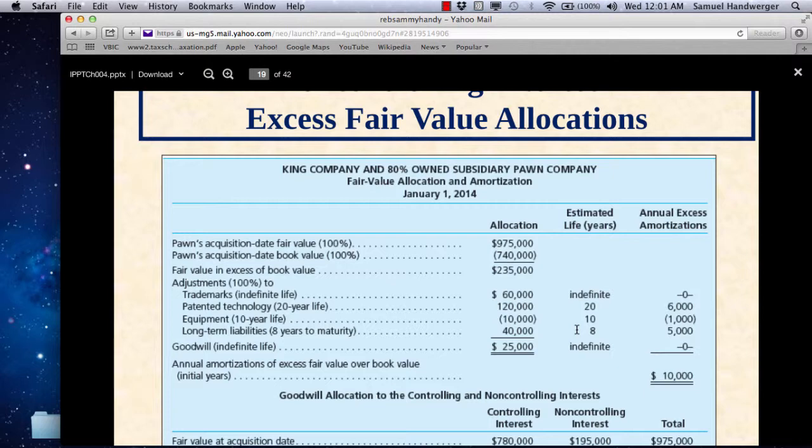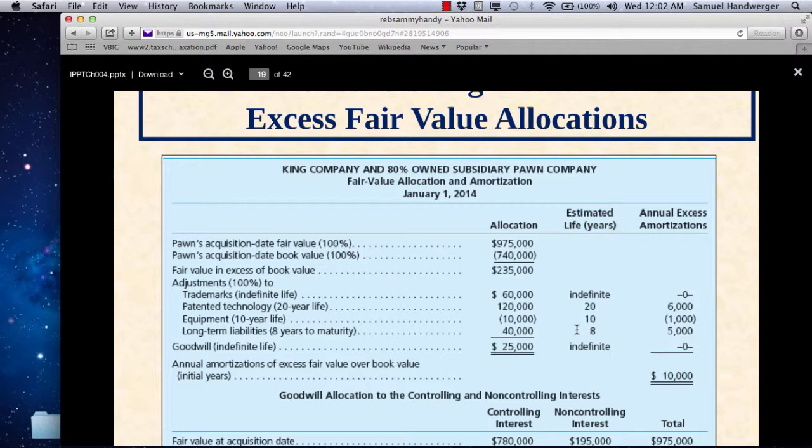But in actual fact, you can do the math, what's actually happening is that the liabilities are not taking away from the net assets calculation, they're actually adding. So it must be that the fair value of the liabilities is lower than the book value.